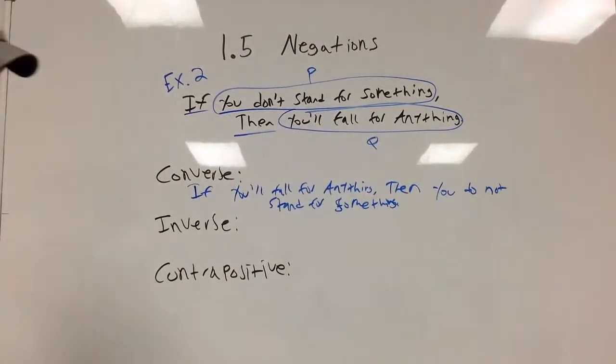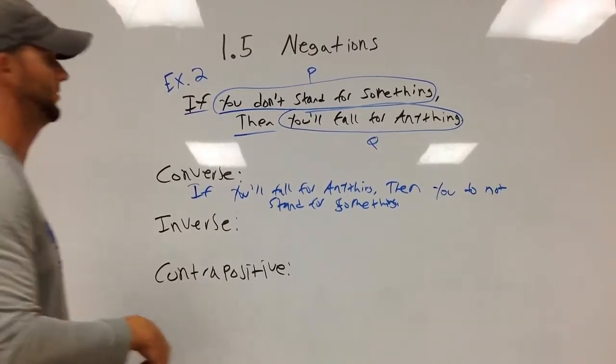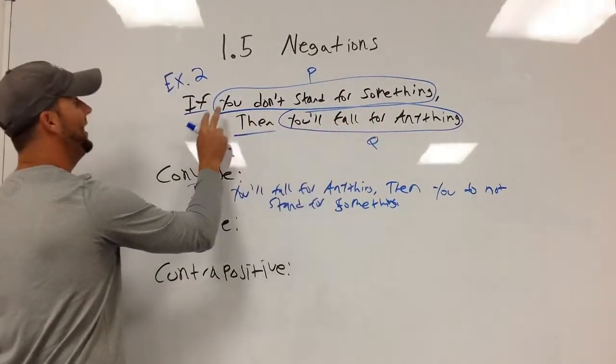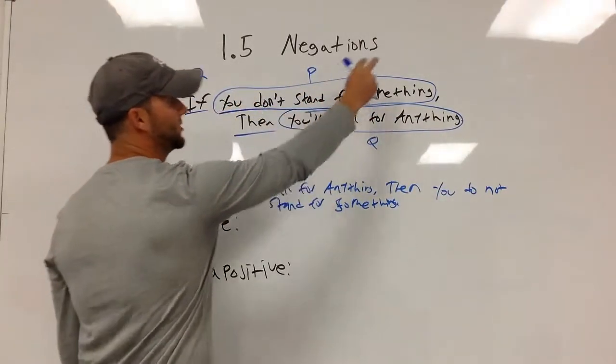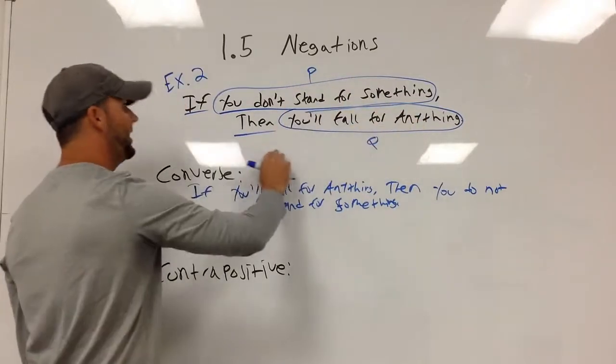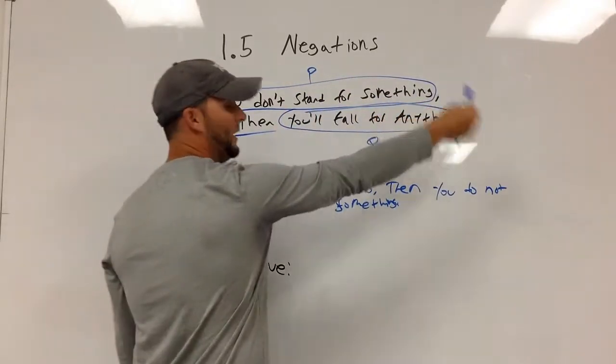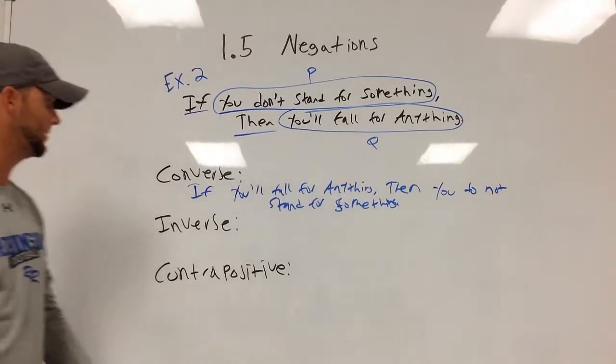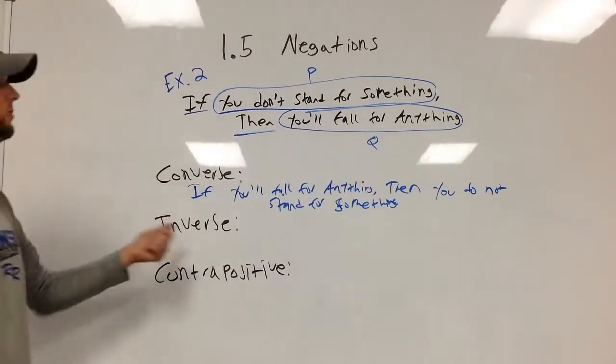Now the next thing, we need to do the negation of P and Q, and then write the inverse. So right now, I would negate P. You would say: if you do stand for something, then you will not fall for anything. I have to negate P and negate Q. You guys will negate those, and when you do that, it creates your inverse.